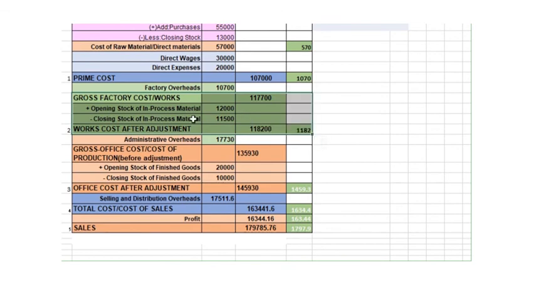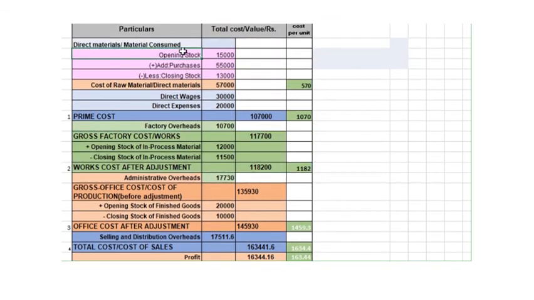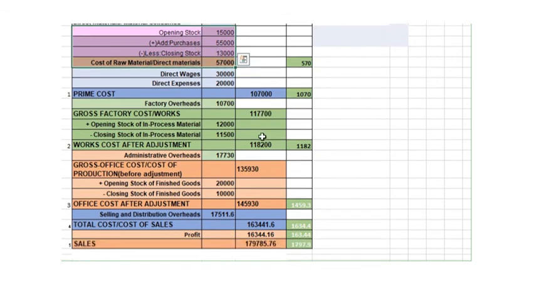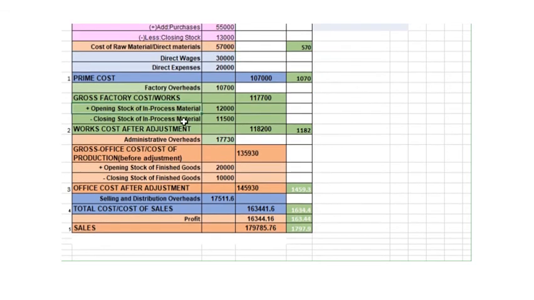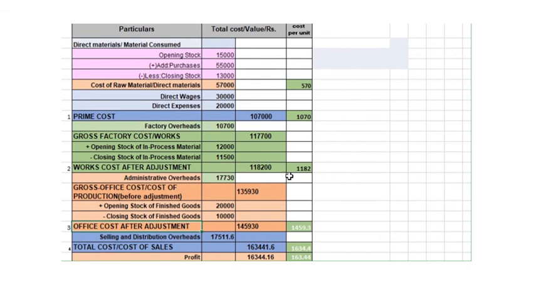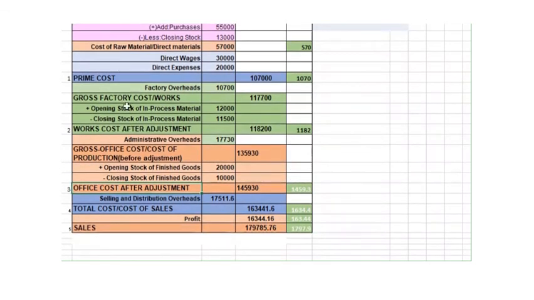In direct raw material you deal with purchase of raw material, and closing and opening stock of raw material. The closing and opening stock of in-process material is dealt with in factory cost, and the finished stock in your office cost. So this is how it has to be done. Thus the cost sheet is prepared. Thank you.